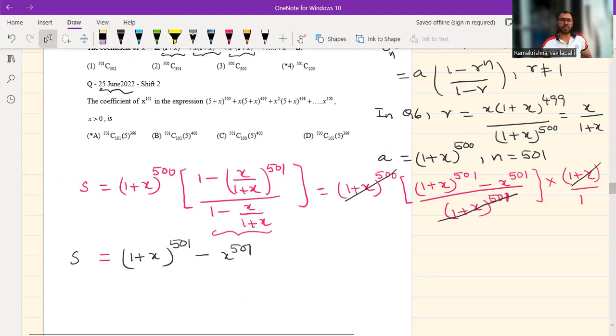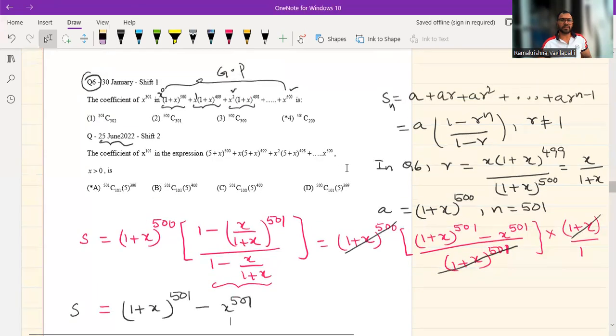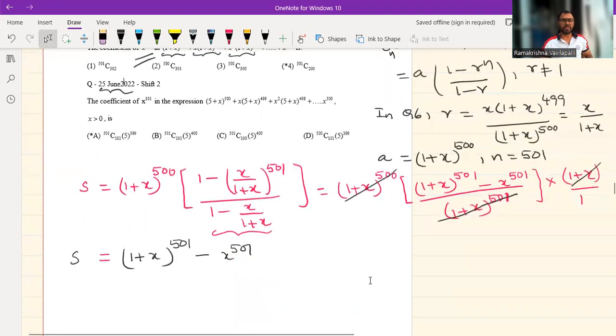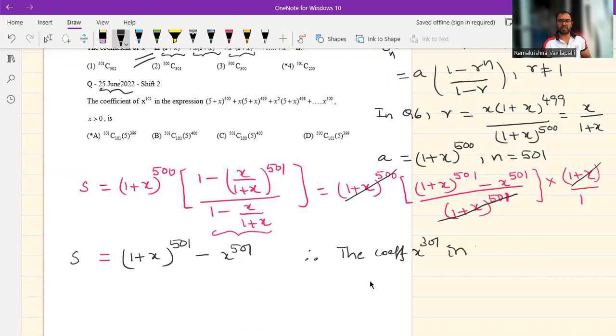Now what do you want to find out? Go back to the question. Here you see, we need to find the coefficient of x power 301. So the coefficient of x power 301 in S equals the coefficient of x power 301 in (1 plus x) whole power 501.